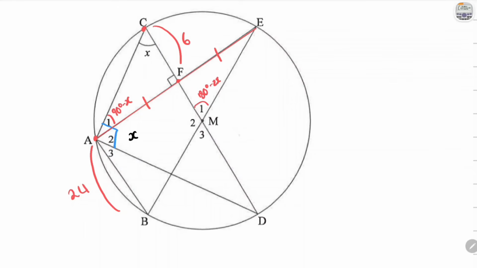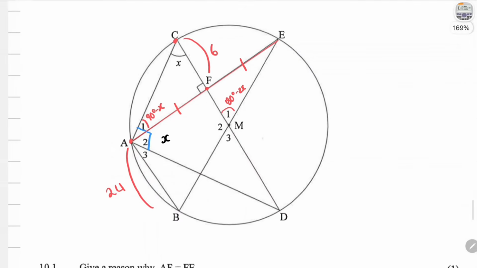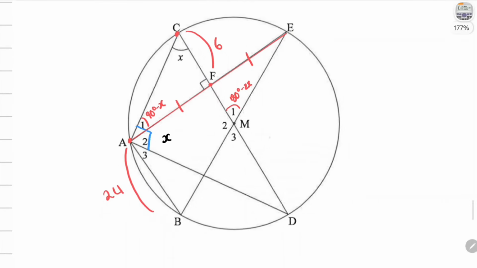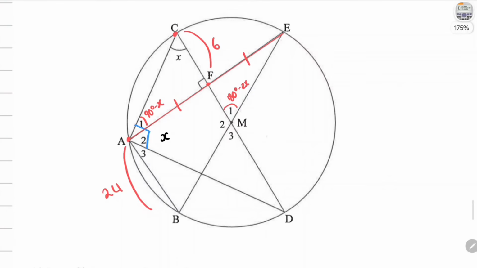Now, in order to actually find it, you need to have some sort of strategy. There are different ways to find it, but focus on one way instead of finding random things. So here is something that we could focus on. We could focus on the fact that we have a triangle over here. And this triangle is definitely a right angle triangle because we can see that this angle at the circumference, A2 plus A3, right?